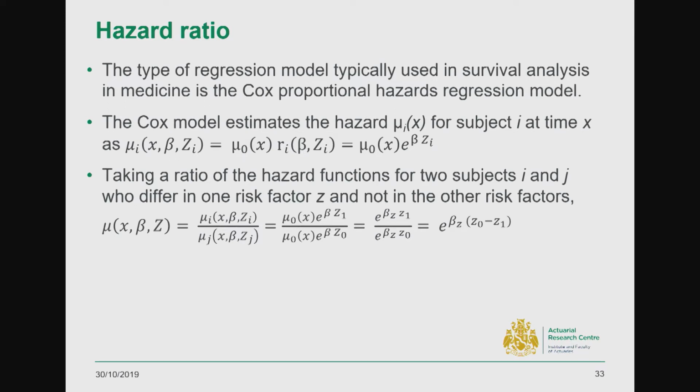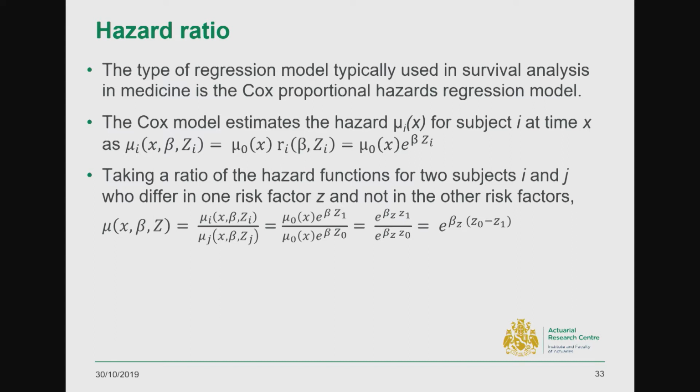As you already heard from Ilyas, the standard type of survival analysis which is done in medical practice is the Cox regression. And for the Cox regression, the second line shows that the hazard is factorized into 2 terms.